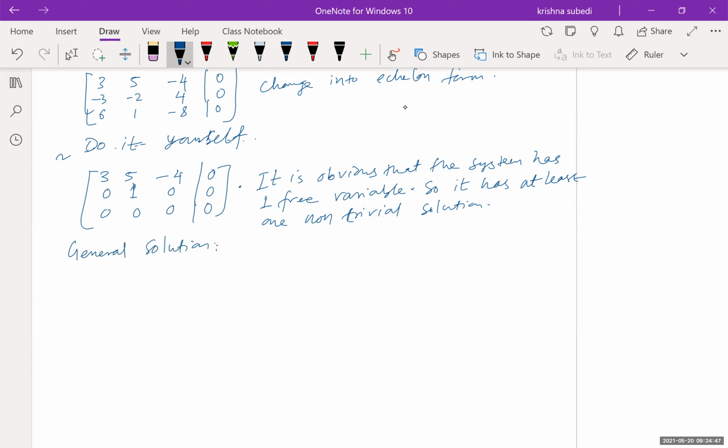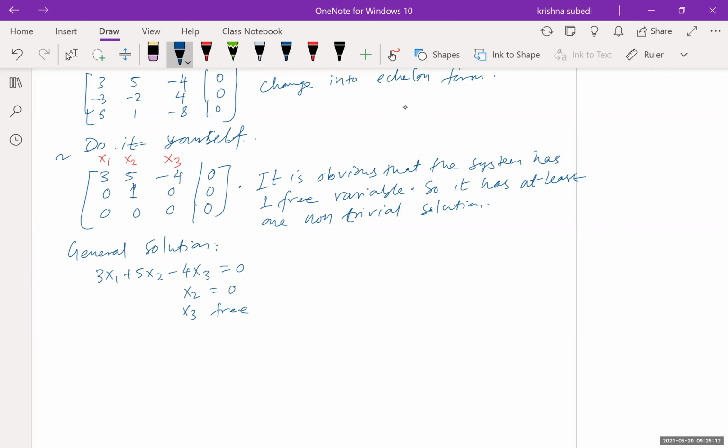So the general solution will be, you know that this is your x1, x2, x3, so you can write 3x1 plus 5x2 minus 4x3 equal to 0. And the second one will be x2 equal to 0 and x3 free.